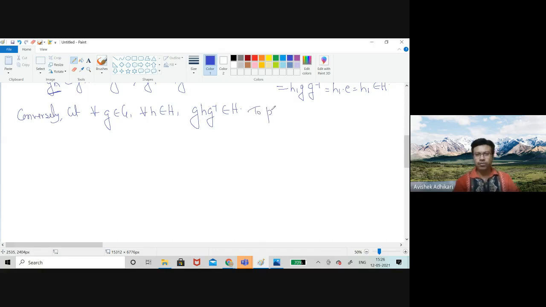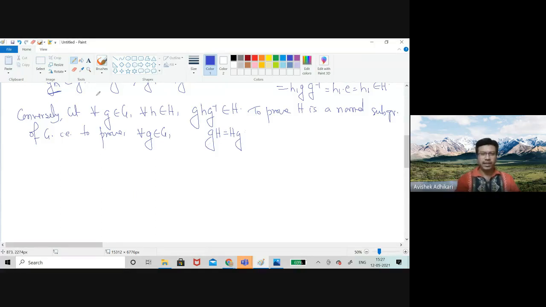To prove H is a normal subgroup of G. That is, to prove for all g belonging to G, gH equal to Hg. That we need to prove. So this is a set and this is again a set. We need to prove this set is the same as this set.